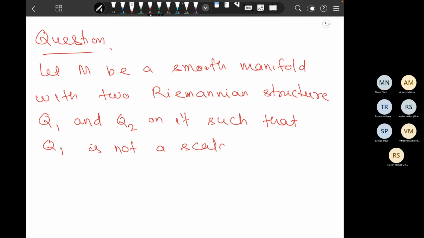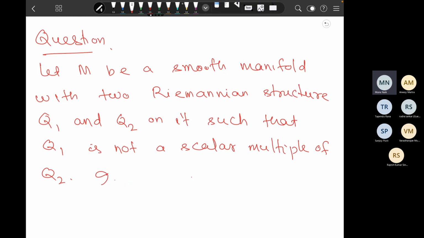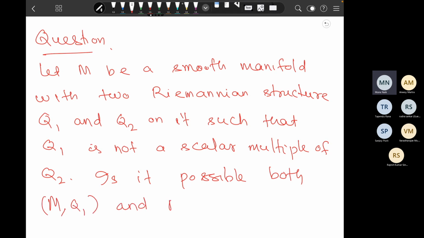Is it possible that both (M, Q1) and (M, Q2) are Riemannian symmetric spaces?